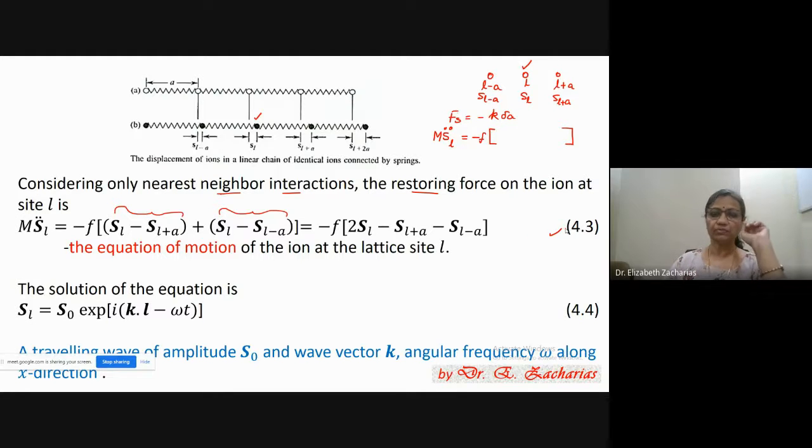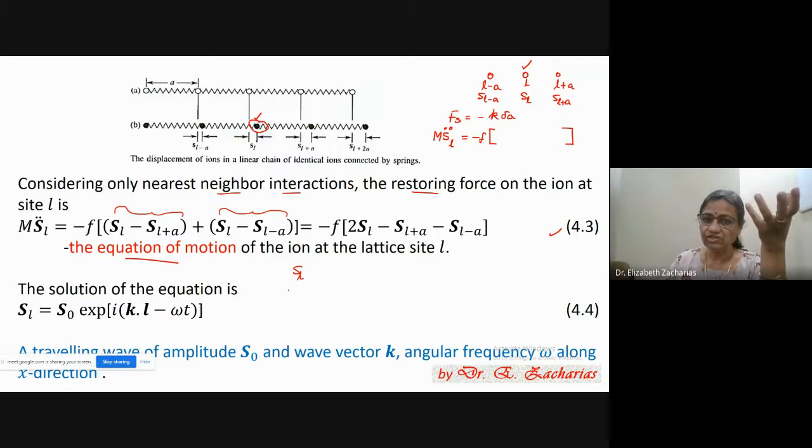Now this equation is important because it is the equation of motion of the ion sitting at the lattice site L. This describes the equation of motion of this ion considering the two neighbors exerting force on L. So I write this in terms of the displacements. Now this is a differential equation. Equation 4.3 is a differential equation. And what am I interested in? I am trying to get a solution for S_L.